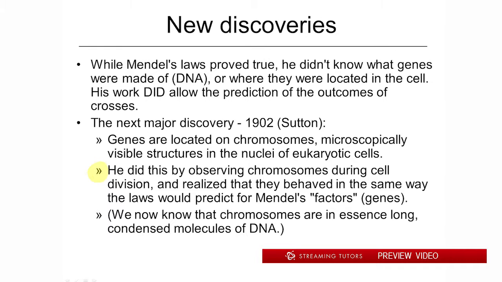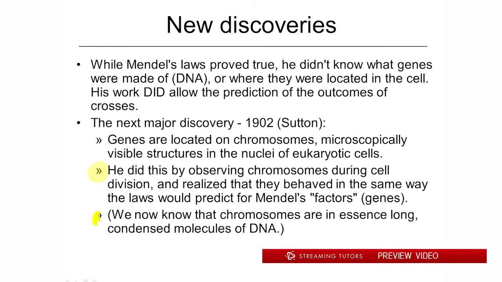So it almost looked like the chromosomes were the factors in a sense. We'll see why, but basically this was the first time you could say that genetic analysis and cytology, the study of cells, looking at cells, came together so we could make this really important connection about not just how the information behaved, but where it was and what it was to a point.